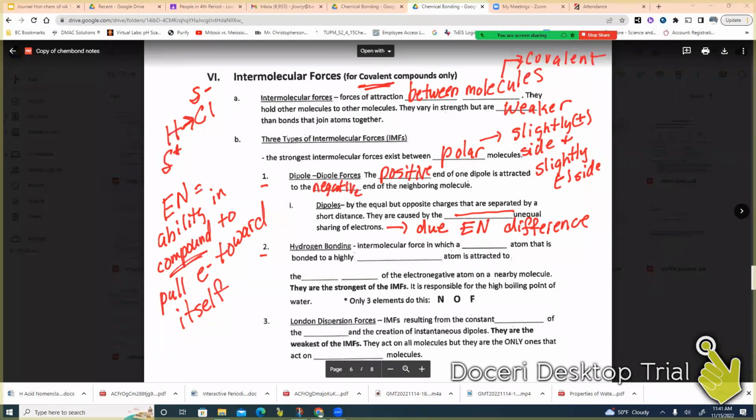Then if another HCl molecule came along, it's going to align itself so the hydrogen is by the chlorine. And this would be the force holding them together. Chlorine has partial negative, hydrogen has partial positive, so they're going to be attracted to each other.